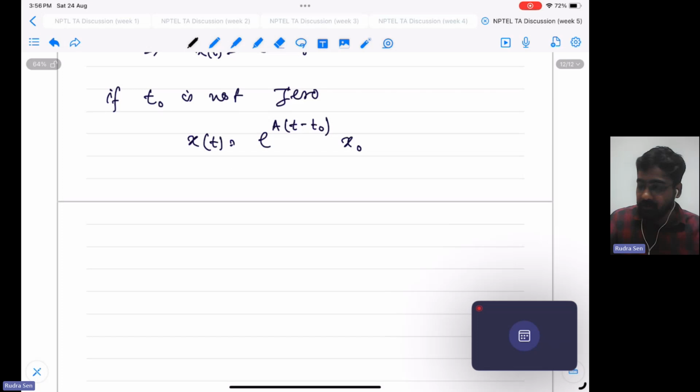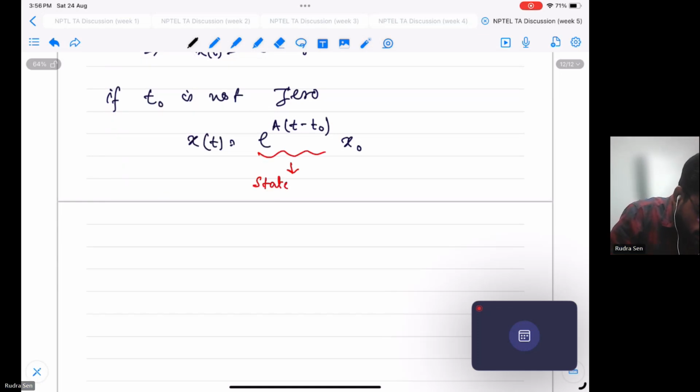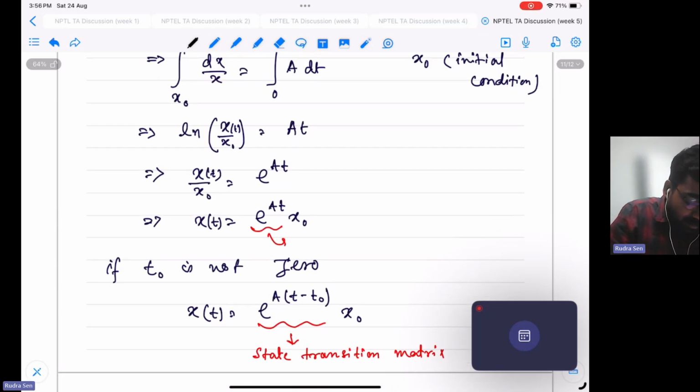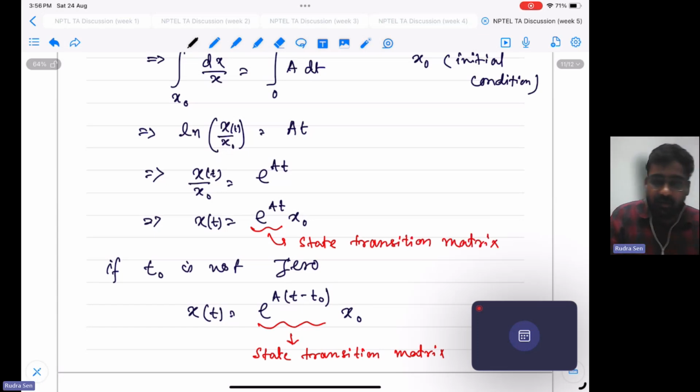And for the forced system case, this term is called the state transition matrix. This is also called the state transition matrix.